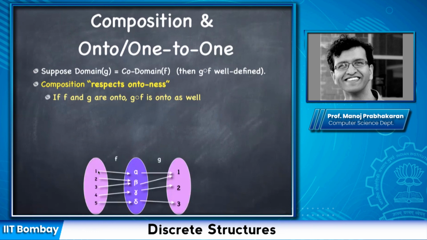You can of course turn all this into proofs, but I'll just show the pictures, which is probably more useful than writing down a proof. So here is an example of an F that is onto, right? Every element alpha, beta, gamma, delta here is covered, so they all have some arrow coming into them. And the same here in G: 1, 2, 3, they all have arrows coming into them.